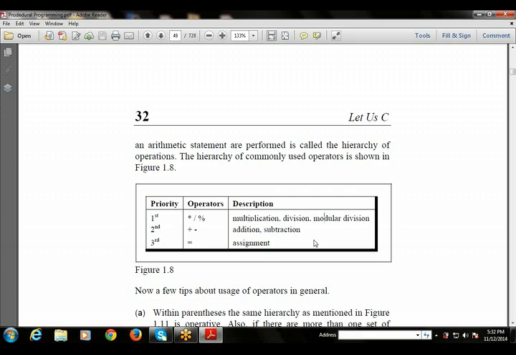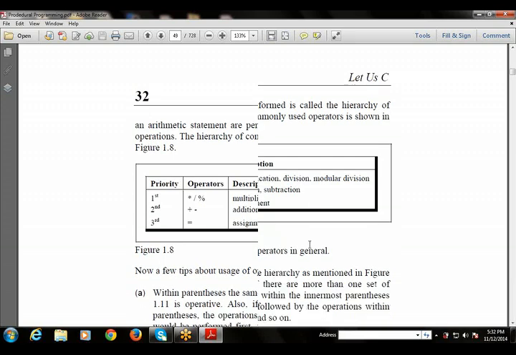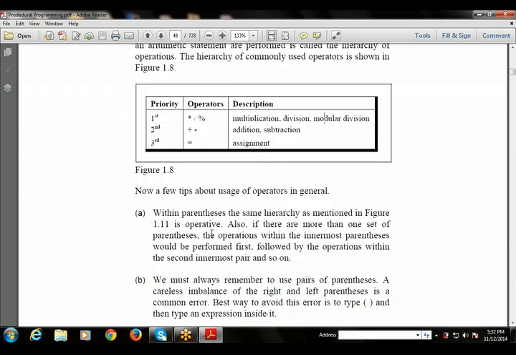Then there are a few tips about the usage of the operators in general. Within the parenthesis, if operators of the same hierarchy level, such as plus and minus, are available in the bracket, as mentioned in 1.11. Also, if there are more than one set of parentheses, then the operation within the inner parenthesis will be performed first, followed by the operation within the second innermost pair and so on.